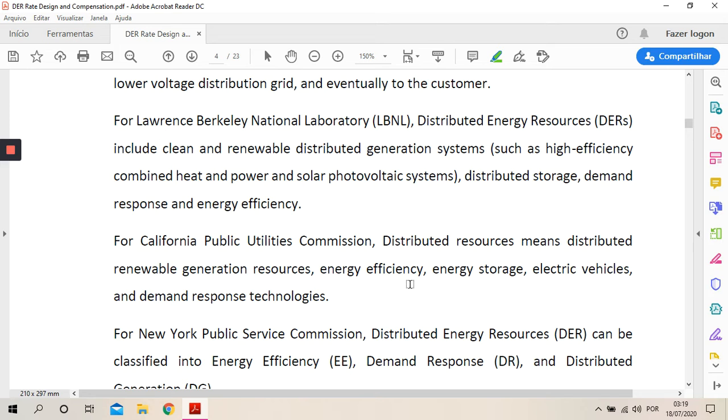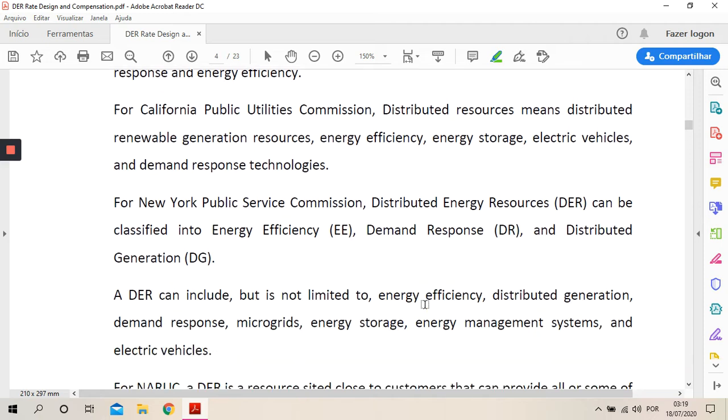For this laboratory, the resources include clean and renewable distributed generation systems such as high-efficiency combined heat and power and solar photovoltaic systems, distributed storage, demand response, and energy efficiency. For the California Public Utilities Commission, distributed resources means distributed renewable generation resources, energy efficiency, energy storage, electric vehicles, and demand response technologies.